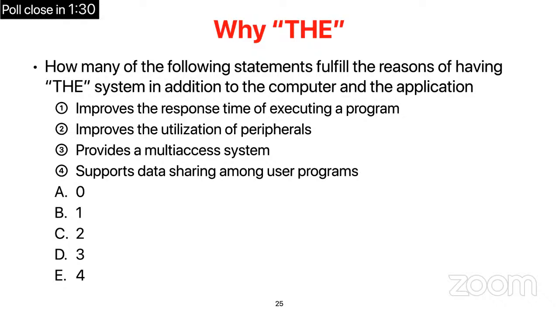So 3 and 4 go out the window. And then the first paragraph on the first page states that we ultimately want economic use of peripheral devices, right? And then also reduction of turnaround time for programs. So that's why you chose 1 and 2.